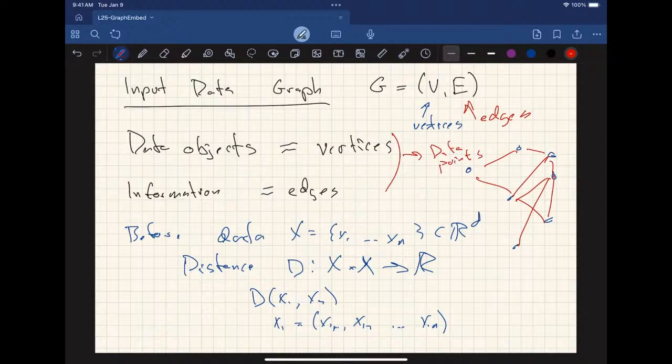Then we can use, say, the Euclidean distance between these to do some sort of analysis. We can run our clustering, classification, and so on. So this is the goal of this section.